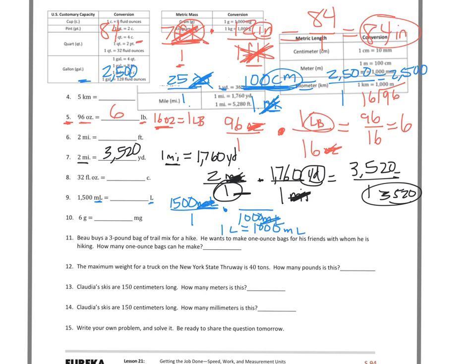And now I have my 1 liter on top. So when I multiply this, 1,500, and then I have 1,000 there that I then need to solve out, so I can go through and I can actually divide that out. And I know immediately I can cross off those. So 15 tenths, I can either put it as a fraction or I can do it as a decimal.